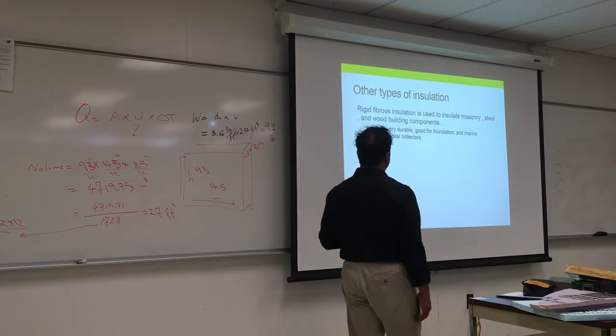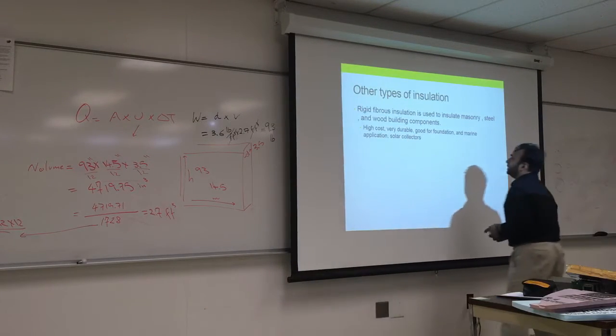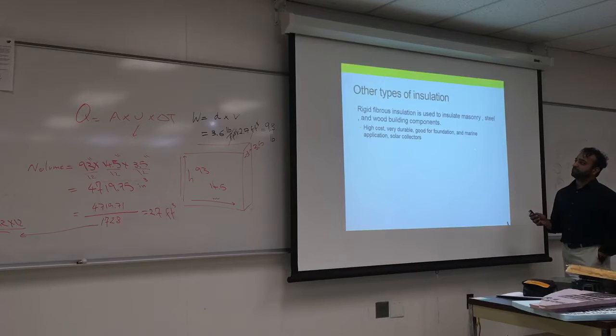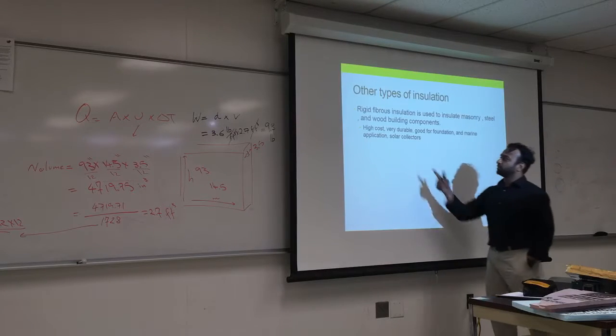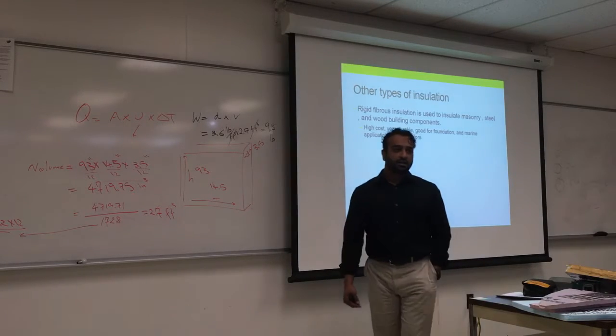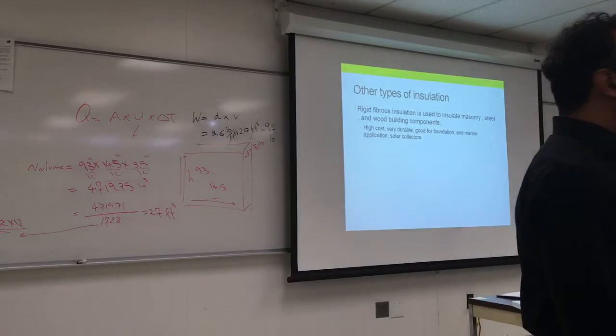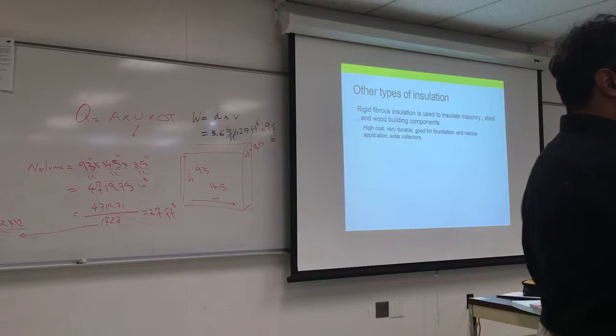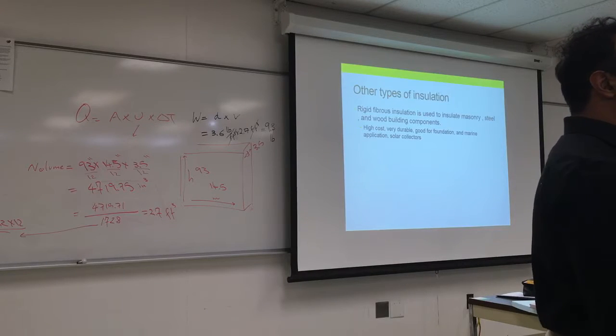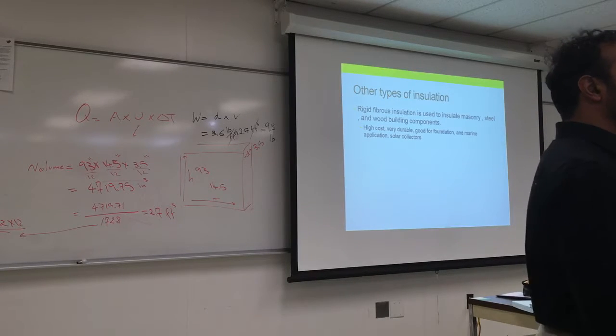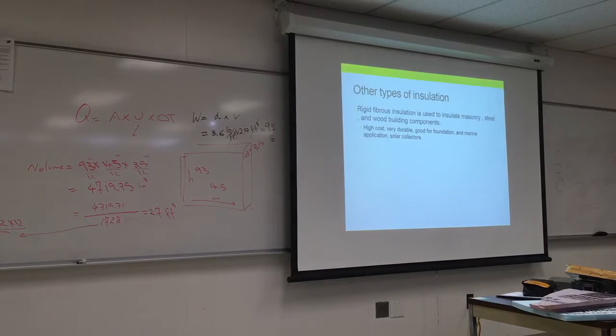They are expensive, but they're very durable, and they are very good for foundations and marine applications, and also solar collectors. They last for a long time, and especially with a foundation, you cannot imagine how much heat loss you'll have through it, because it's completely solid, it's concrete and it has steel in it, so you're going to lose a lot of heat through that.